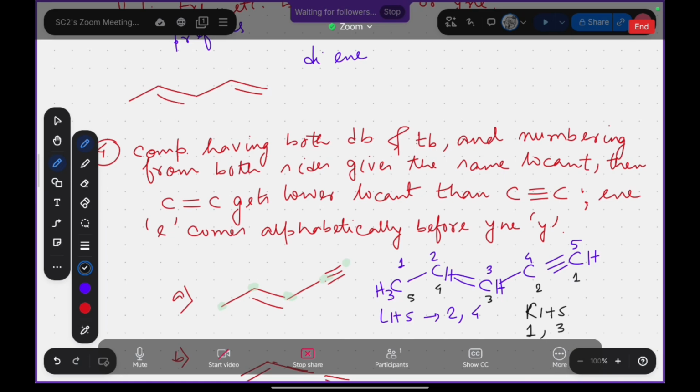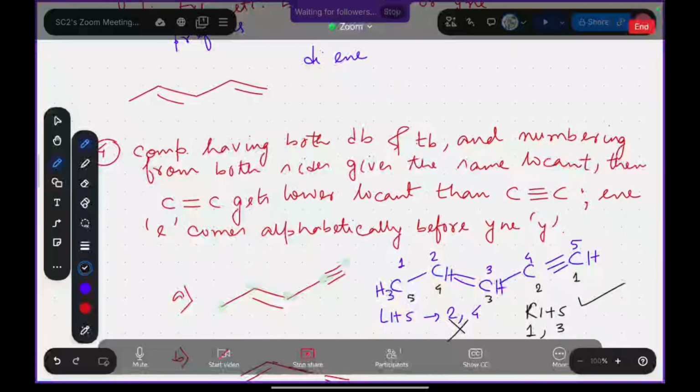But for this example, what do you see? From the left hand side numbering is 2 and 4 and from the right hand side the numbering comes to be 1 and 3. That means the locant from both the sides is not the same. Numbering from both the sides does not give the same locant. In such case, we simply follow the lowest locant rule. That means the left hand side is wrong, right hand side is correct.